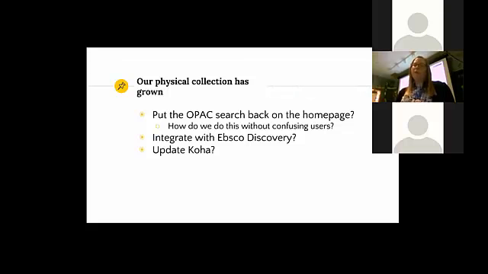Also, I know it's possible to integrate your Koha catalog with EBSCO Discovery. For us, that would not be a small thing because EBSCO Discovery is owned by the hospital library, so we would have to collaborate with them to make that happen. That would be a good thing to take on. And then I personally feel it's getting time to update our Koha, so that would also be a big undertaking.